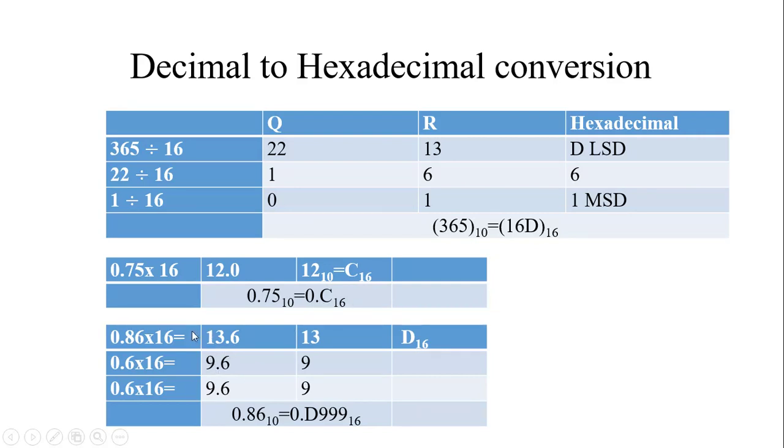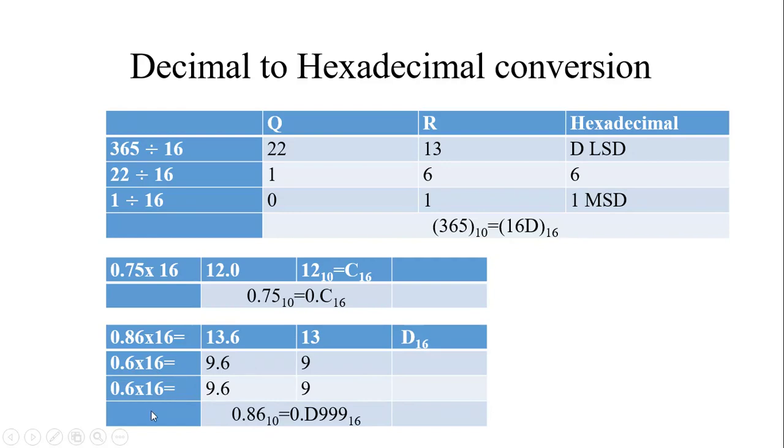This is another example: convert 0.86 into hexadecimal. Multiply this decimal fraction by 16. The first product is 13.6, so 13 is the carry. 13 is decimal, and the hexadecimal equivalent of 13 is D. Then 0.6 times 16 gives 9.6, so the carry is 9 and the fraction is 0.6.